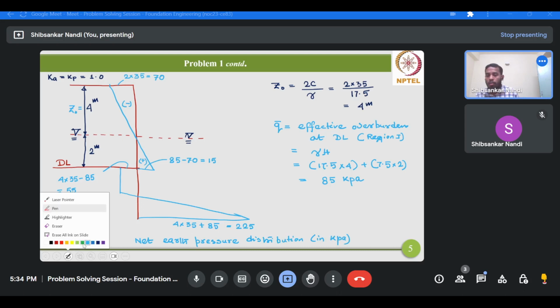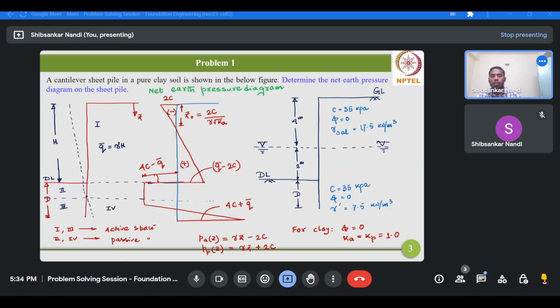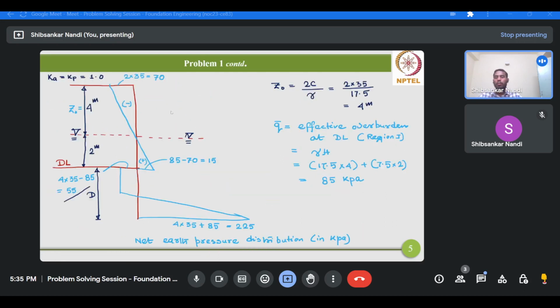So this dimension gives the embedment depth. So this is the answer to problem 1. We have to determine the net earth pressure diagram on the sheet pile, and this is the net earth pressure diagram.